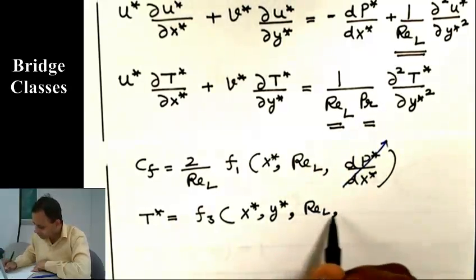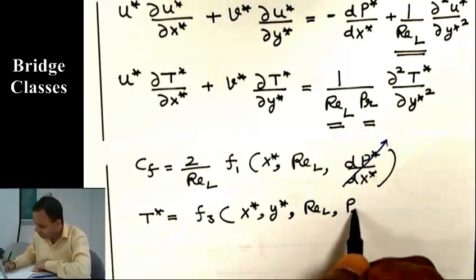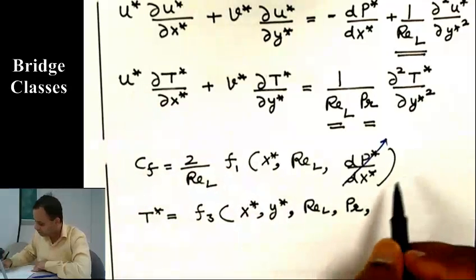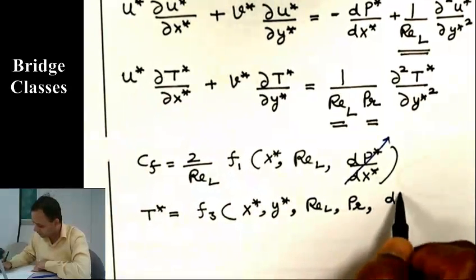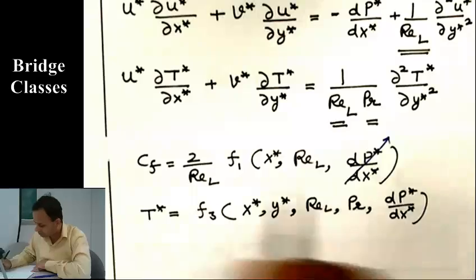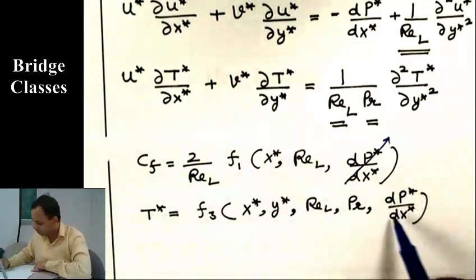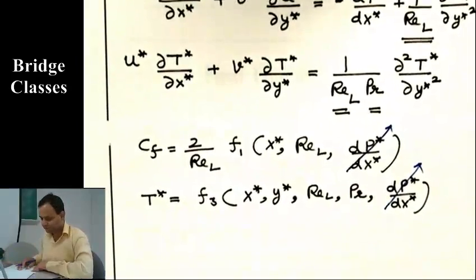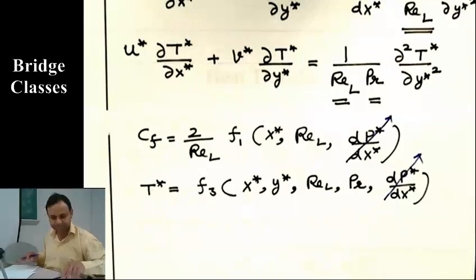There is also Prandtl number, and you also have velocity in this, and velocity also depends on pressure gradient, so dp star over dx star. But this we are not going to consider. So T star is a function of this. You can write it like this.